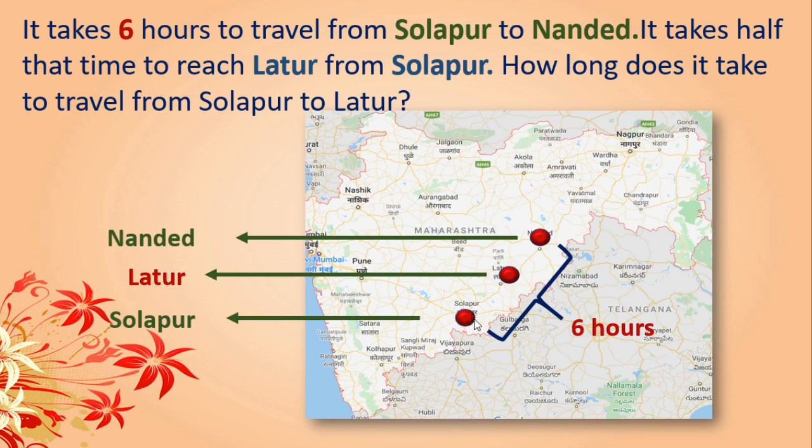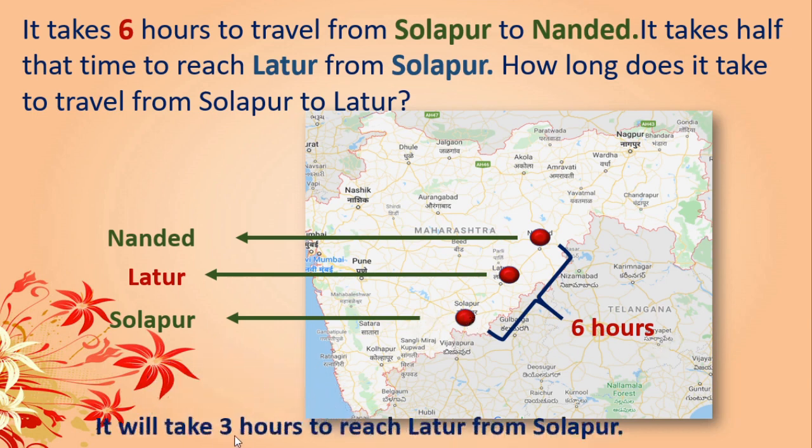Yes, very good. This is 3 hours. From Solapur to Latur 3 hours. From Latur to Nanded 3 hours. That became 6 hours, isn't it? So what is our answer? It will take 3 hours to reach Latur from Solapur.